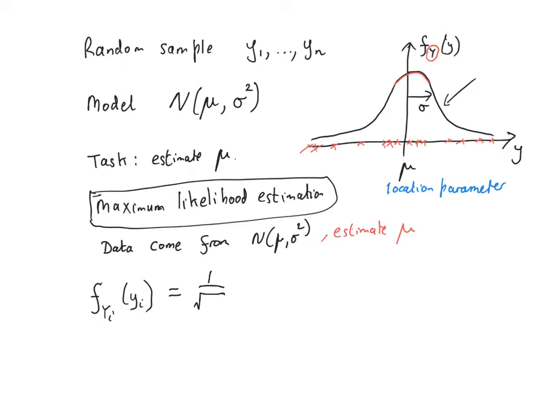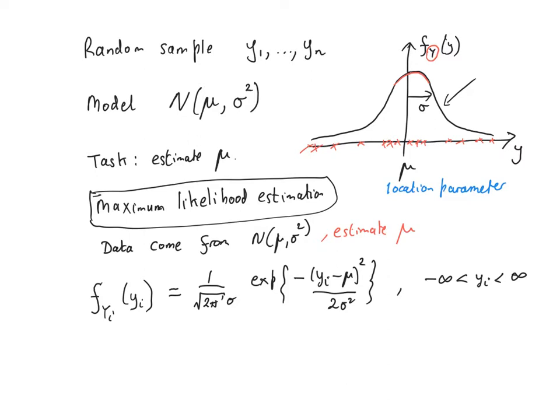It's 1 over the square root of 2 pi sigma squared, then we have the exp of minus yi minus the location parameter of interest, mu, squared, over 2 sigma squared. And yi can take any value between minus infinity and infinity. Our task, as we've already said, is to estimate mu.